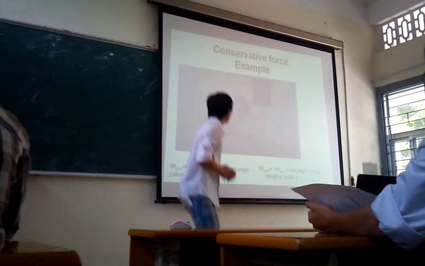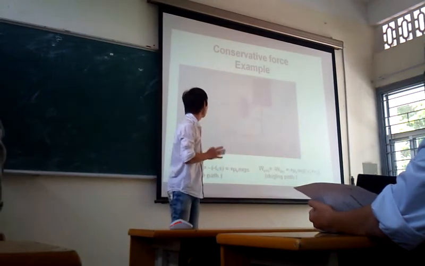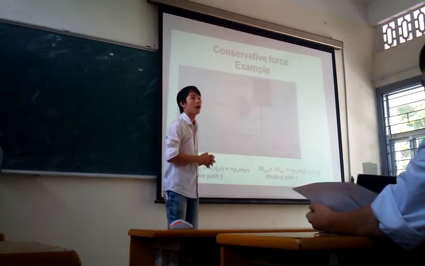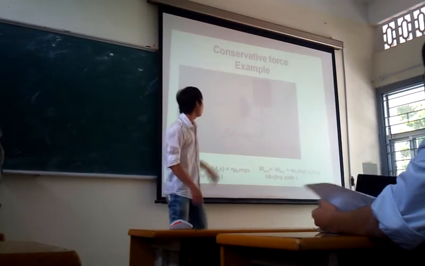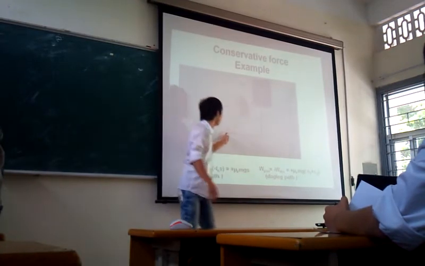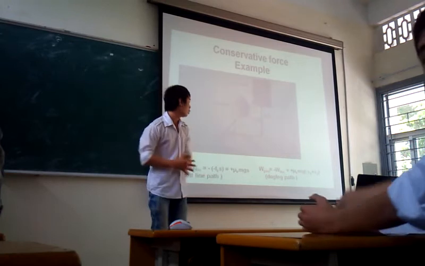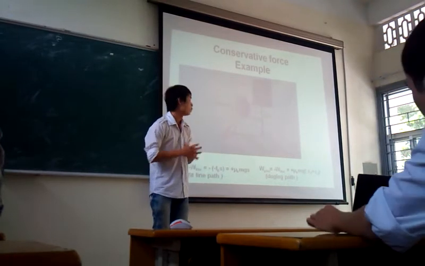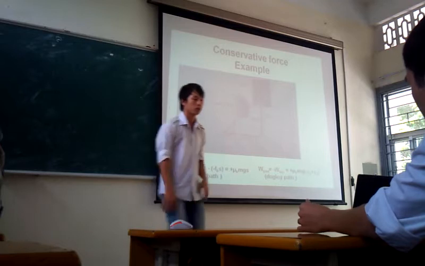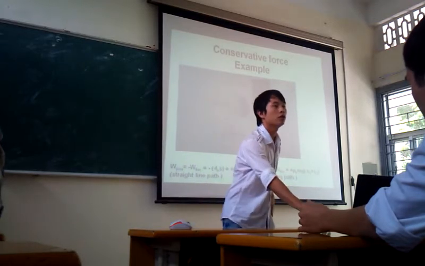If you push in a straight line from point 1 to point 2, the work you do equals minus the friction work, which equals μk multiplied by mgs. And if you push along the other path from point 1 to point 2, the work you do equals minus the friction work, which equals μk multiplied by mg multiplied by (s1 plus s2). So I have a question.